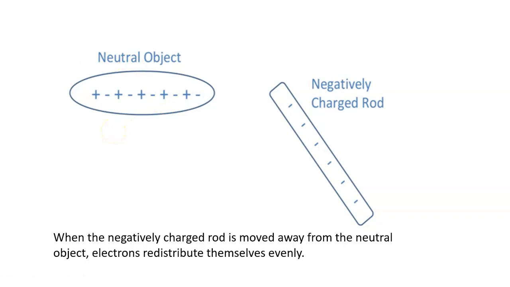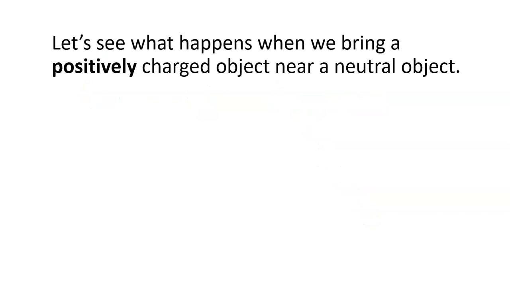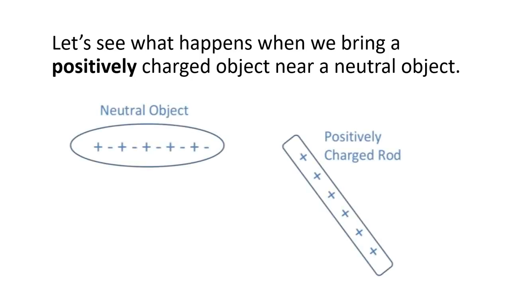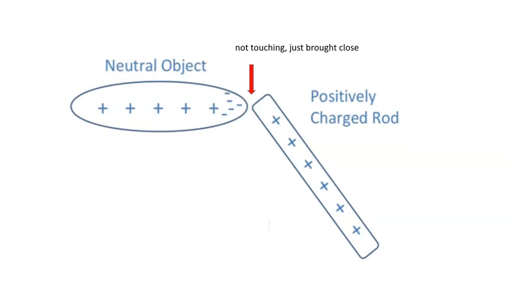Okay, well, the same thing can happen with a positively charged object, or a similar thing, I should say, can happen. Not exactly the same. So here's my neutral object again labeled. This time I've got a positively charged object. Okay, when I bring the positively charged object near, but not touching the neutral object, look what impact it has on the electrons in the neutral object.